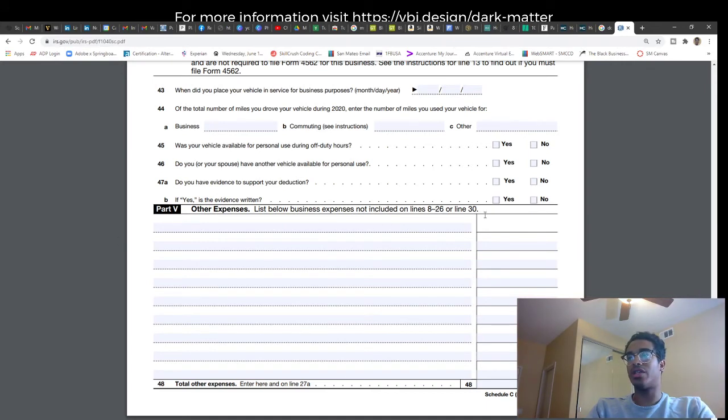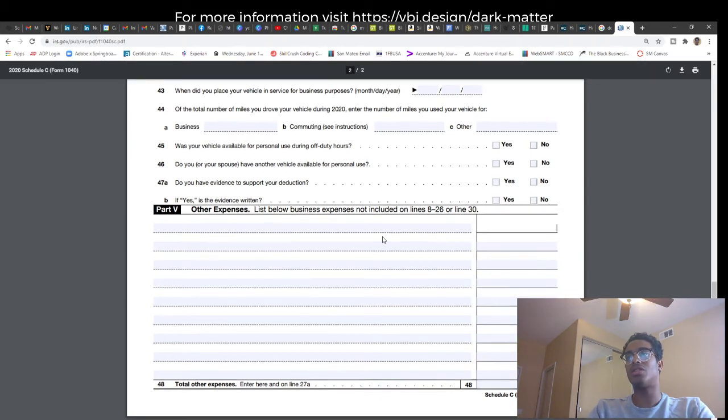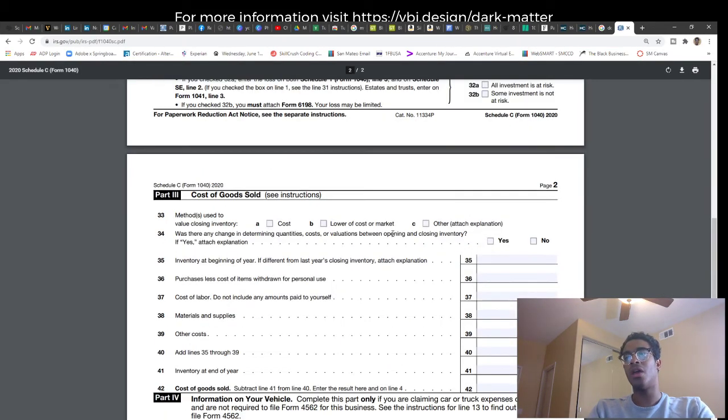And that's pretty much the entire form. And like I said, again, be very careful of what you include in your expenses, just because you may trigger an audit. And just because you may not be audited in 2021 does not mean that you're not going to get audited.